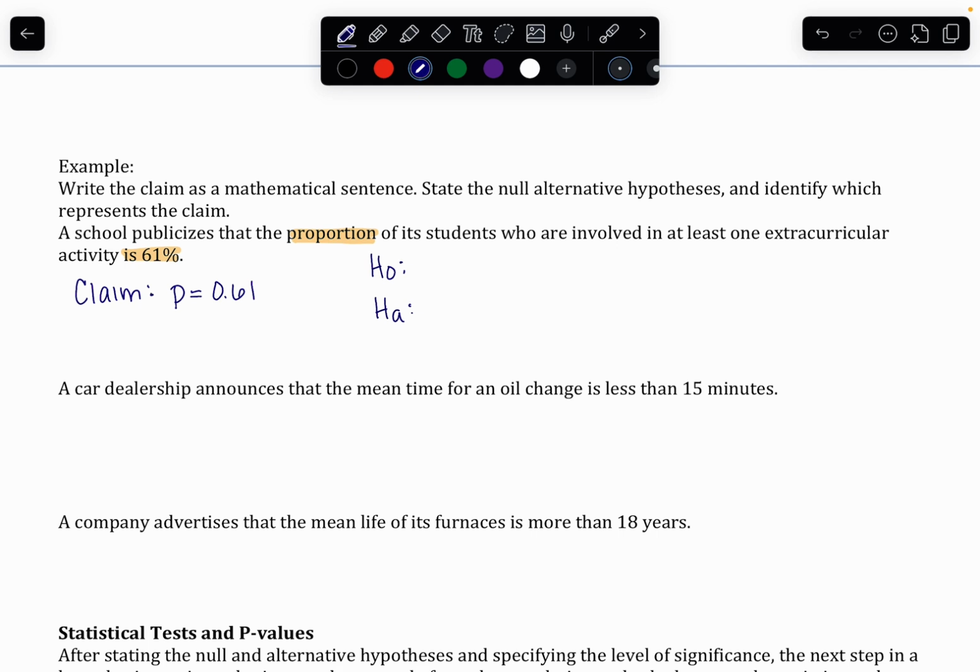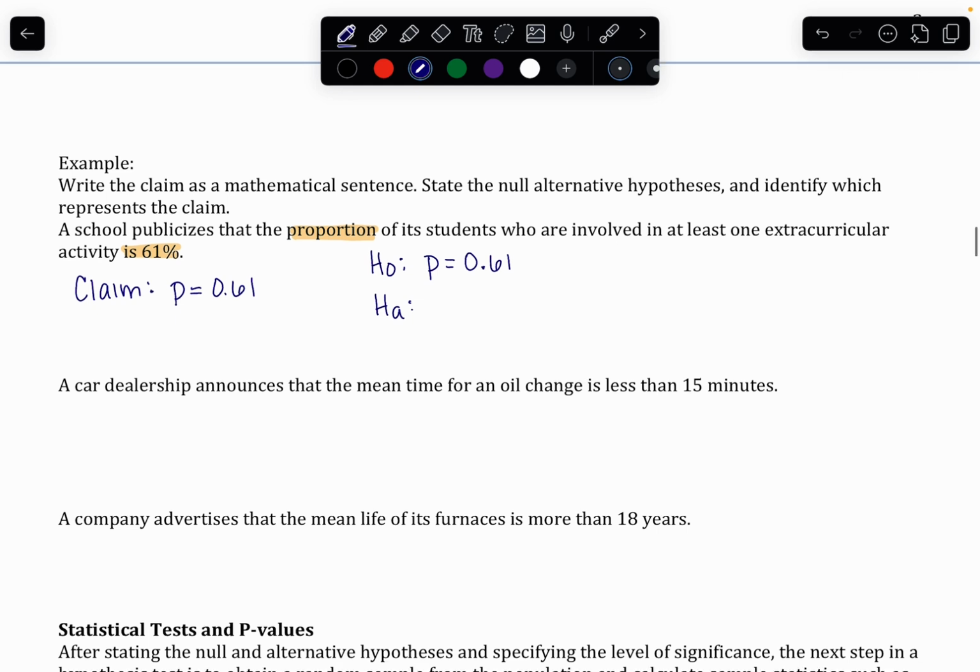Our null hypothesis is always going to have equality, and since our claim P equals 0.61, that's going to slide over and be our null. The complement of equal is not equal, so the alternative hypothesis is P does not equal 0.61. It also asks us to identify which represents the claim, and the way we do that is we're literally just going to write claim next to it.